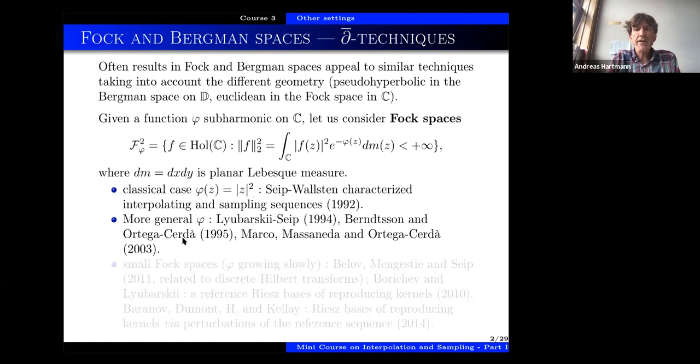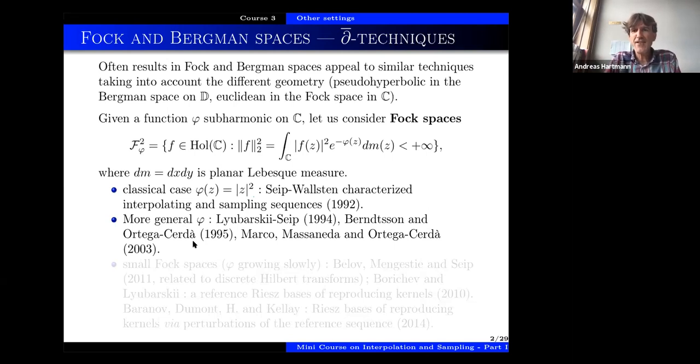There's also a paper by Nicolas Marco, Xavier Massaneda, and Joaquim Ortega-Cerdà in 2003, where they consider a quite general situation. And well, this is a very nice paper. It contains many, many tools that you can use in other contexts.